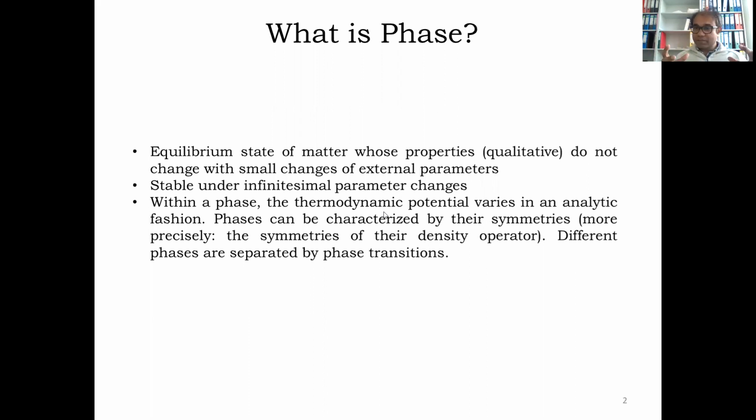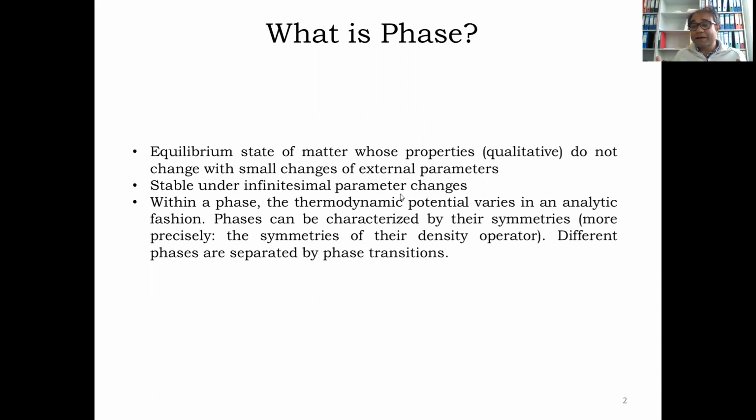Similarly, if you take this bottle of water and try to compress it, then even with your strong hands you'll see that the water remains water. It's not really changing its phase. So that means water is a kind of stable and equilibrium phase. So the second point is that a phase is stable under infinitesimal parameter changes.